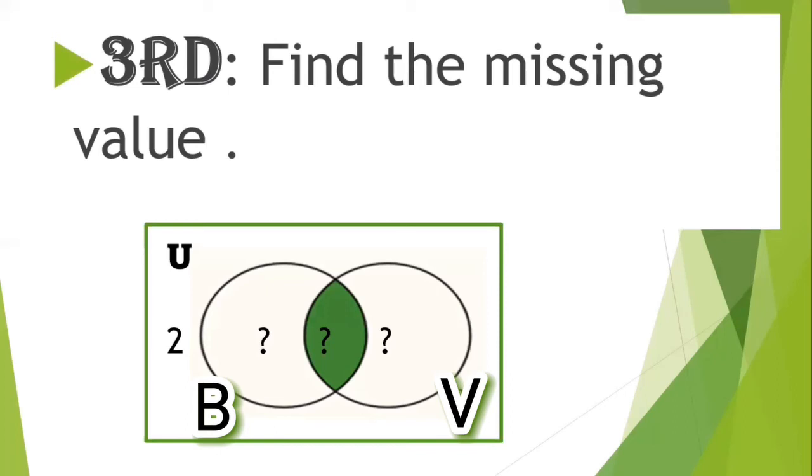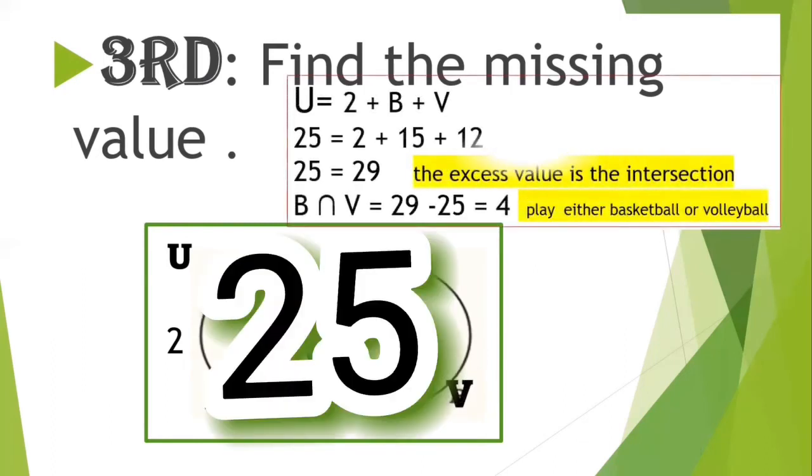How we're going to find the missing value? First, ayan, we're going to use the numbers na meron tayo doon sa ating word problem. Universal set is equal to 25. At ang nasa universal set natin ay ang buong estudyante, the 25 students.